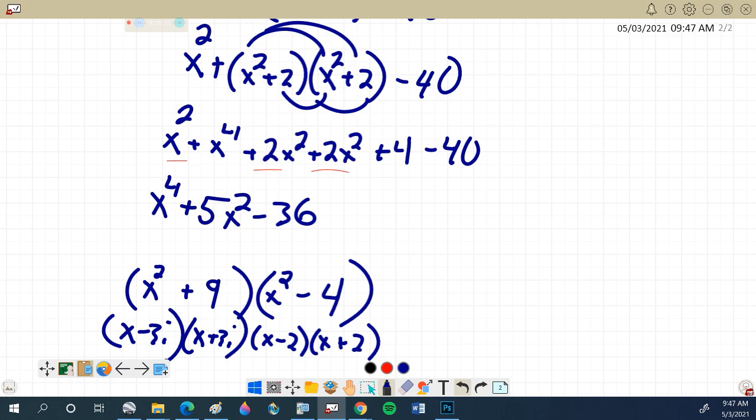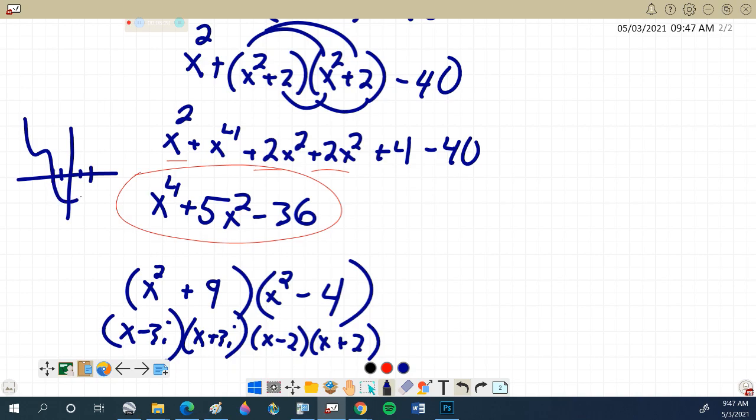So what we've done is we have graphed this equation. And that equation hits the x-axis at negative 2 and positive 2. And it has these other weird things that don't hit the x-axis. That's not the actual graph.